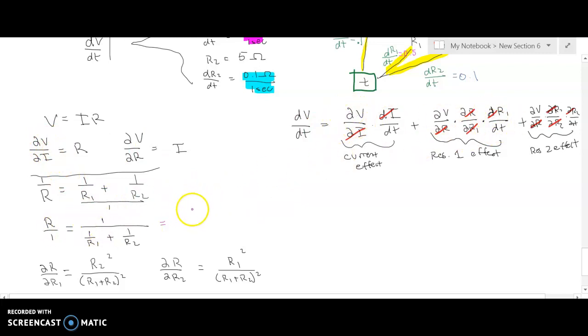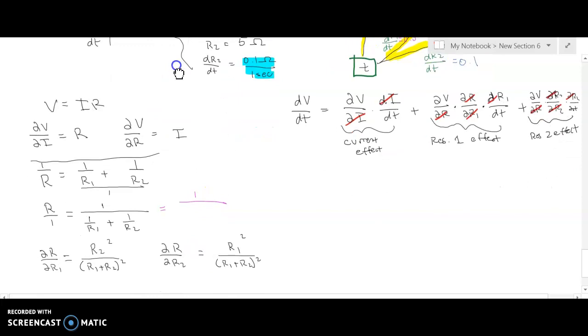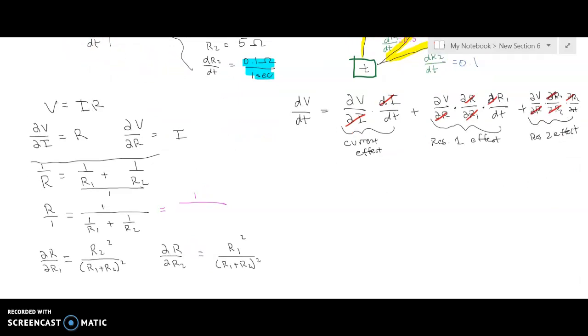So if R is equal to that, then I know that R1 and R2, given in the problem, are 3 and 5. So I will have 1 over (1/3 plus 1/5). And that's going to come out to, let's see, 5/15 plus 3/15 is 8/15.